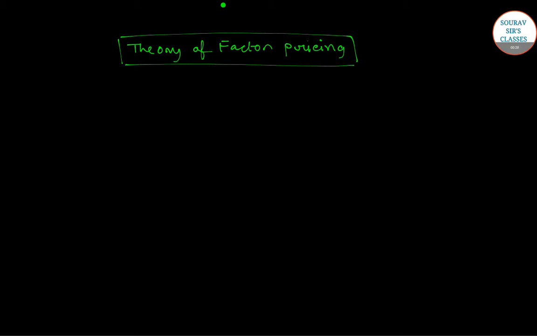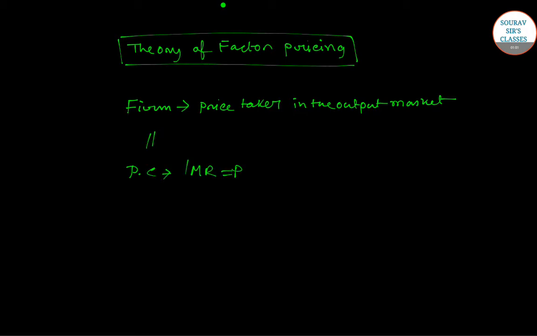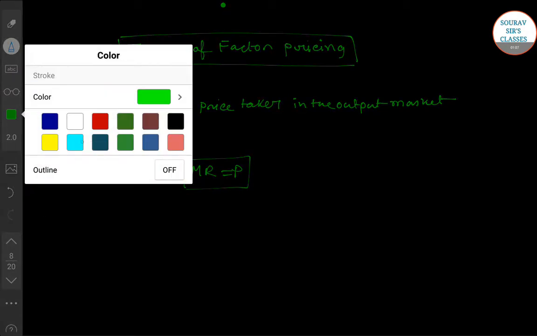In this video we'll be talking about if the firm is a price taker in the output market, as we know in perfect competition, marginal revenue is equal to price.